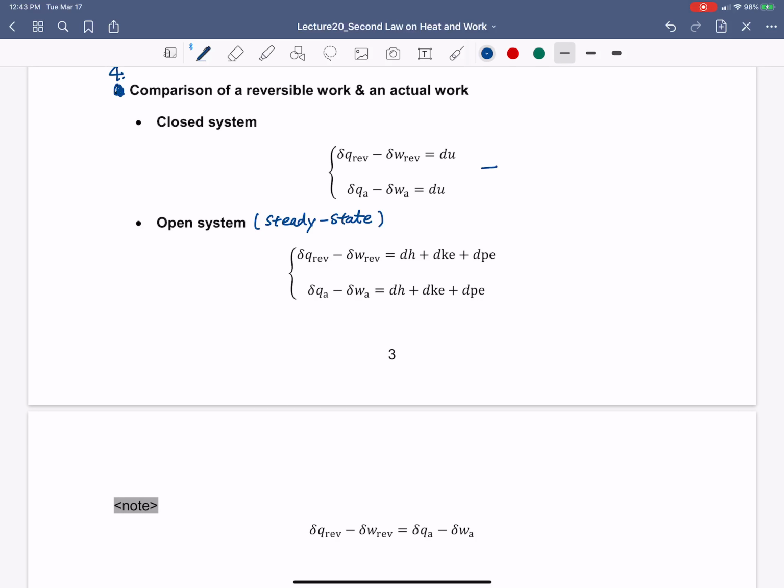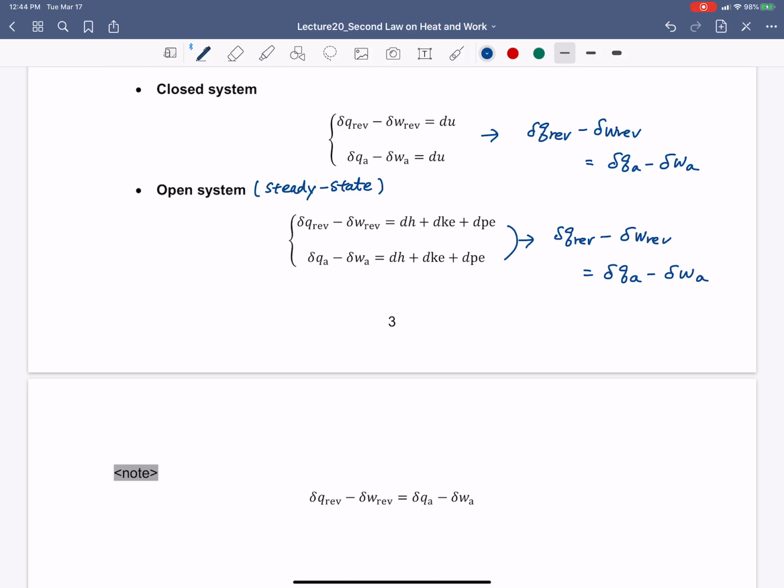What you can see is δQREV minus δWREV should equal δQA minus δWA. Even for the open system, same thing. δQREV minus δWREV equals δQA minus δWA.